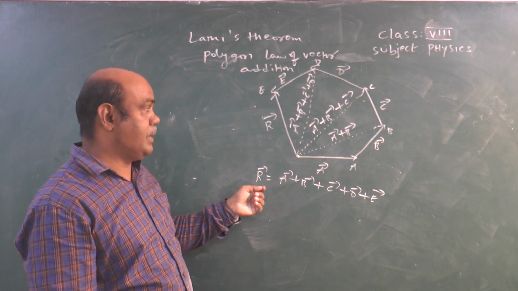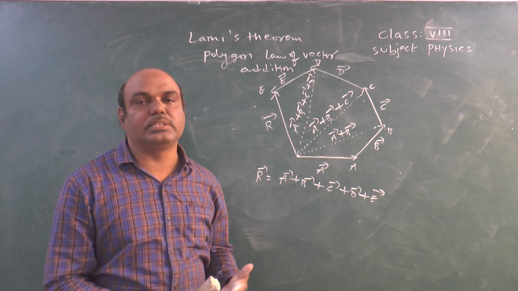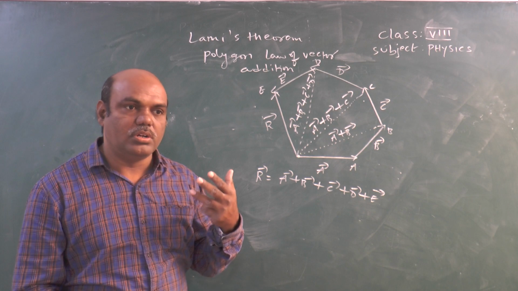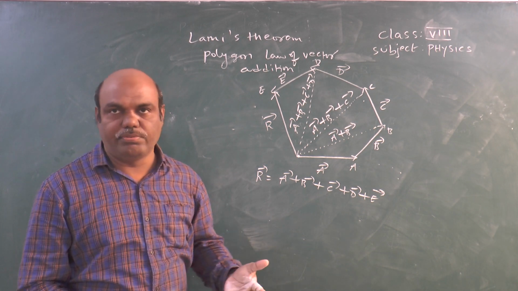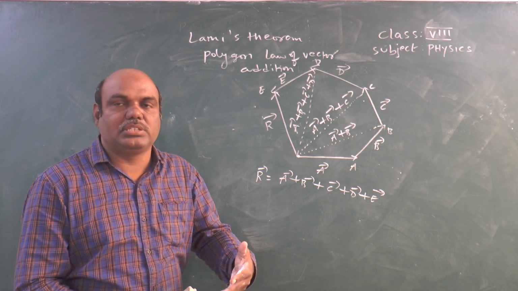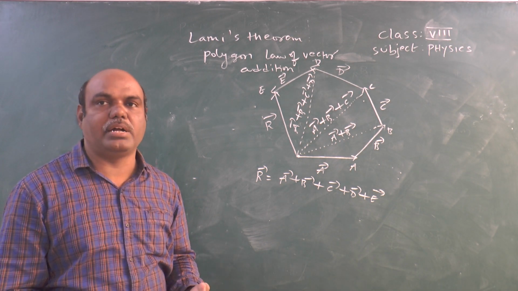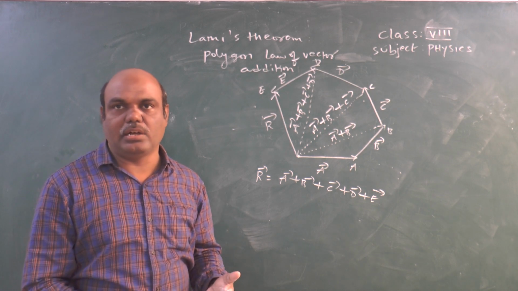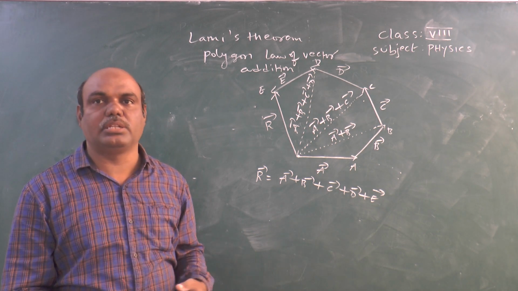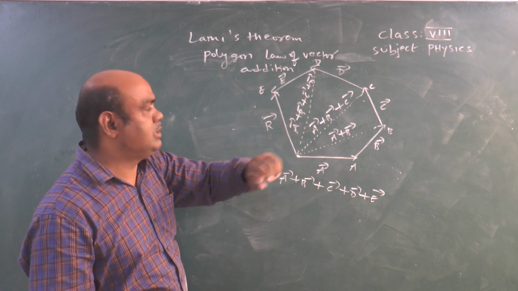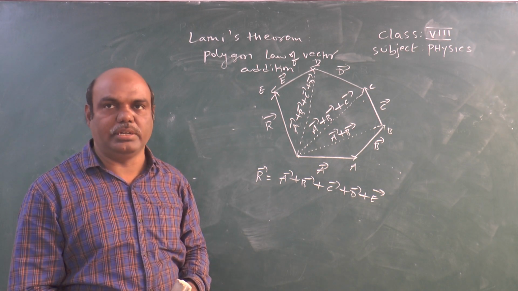In this, based upon the forces given, in case of 3 forces, 4 forces, 5 forces, 6 forces, like that we can use any number of forces acting on the particle and we can find the resultant force acting on the particle by using this polygon law of vector addition.